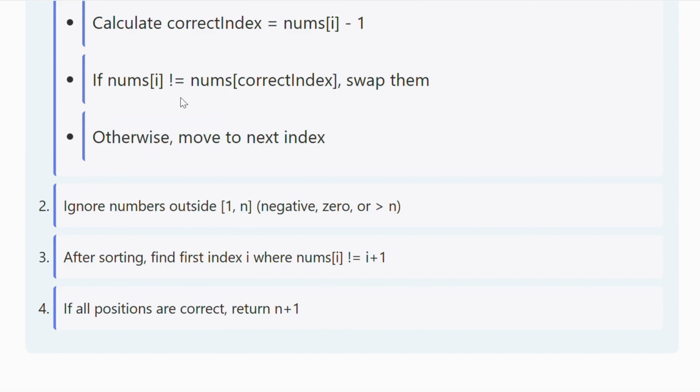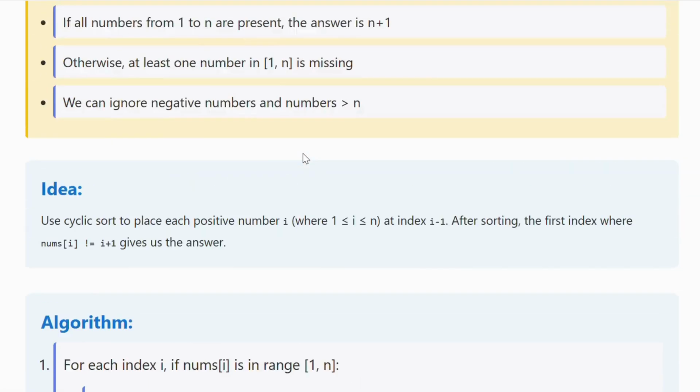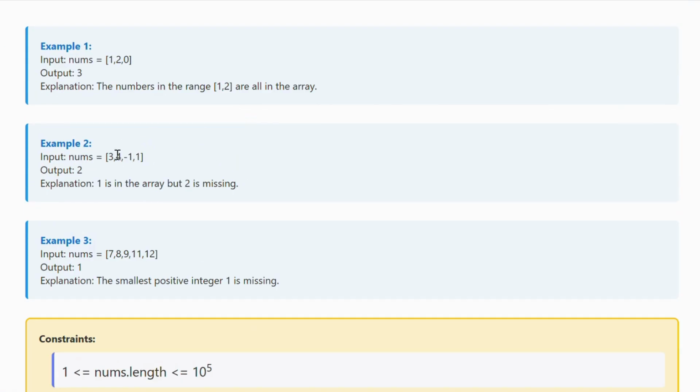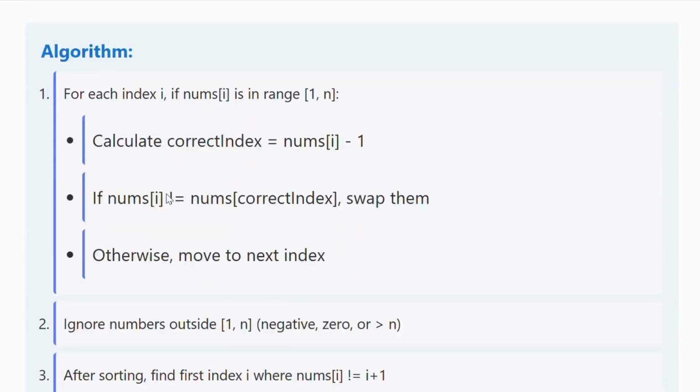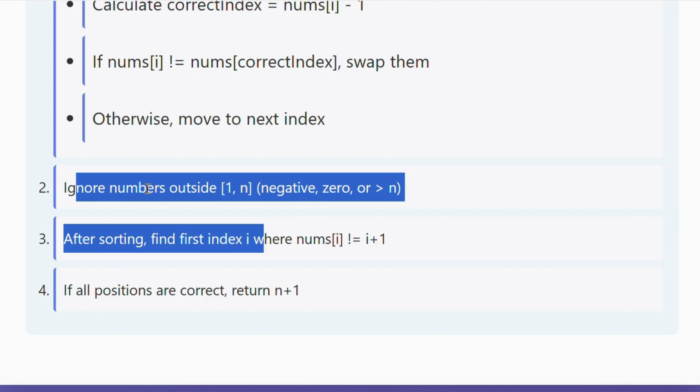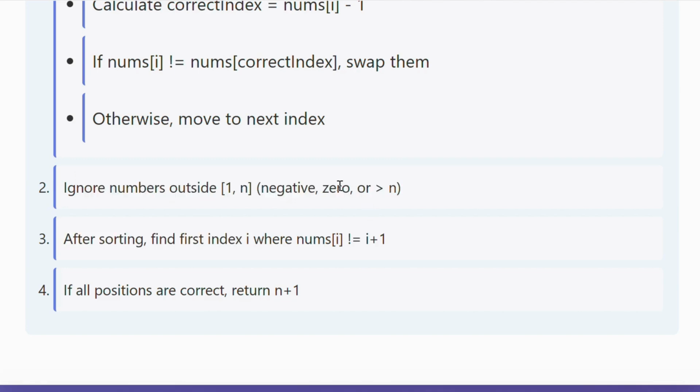And if not, then we have to increase. So each time we will check if the number is at the correct index or not. Until it is at the correct index, we're going to swap it, and only after that will we increase our I. So this is the whole idea. Here it's mentioned that we have to skip the negative numbers, zero, and numbers greater than n.